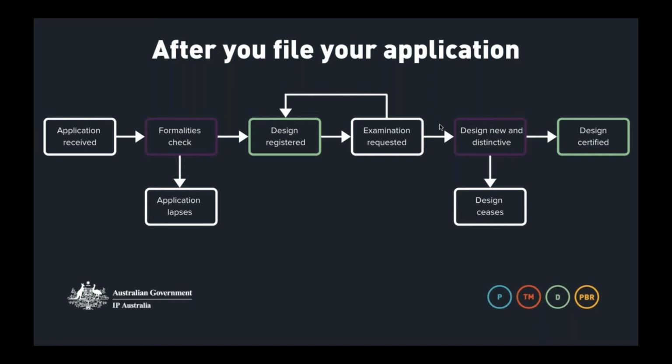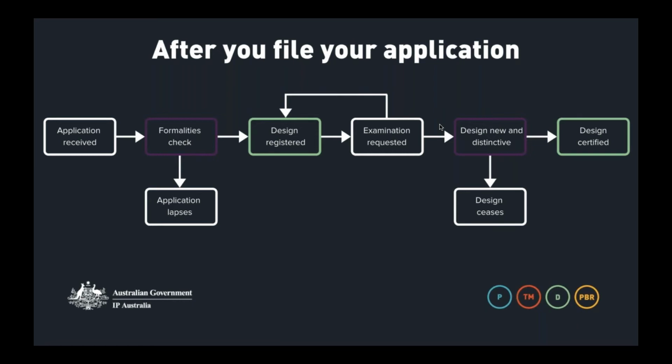So after you file your application, we'll check that it's met our minimum filing requirements at the formalities check. We'll make sure that you have given us all the relevant information we need to publish it on our register. We'll also send you a notice telling you what the design number is, what your filing date is, and all those sort of administration type things.